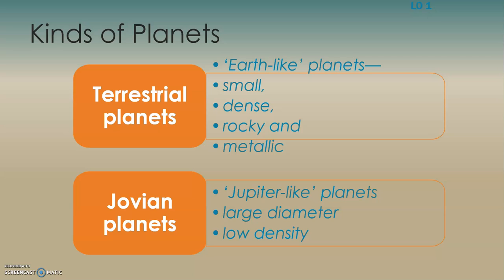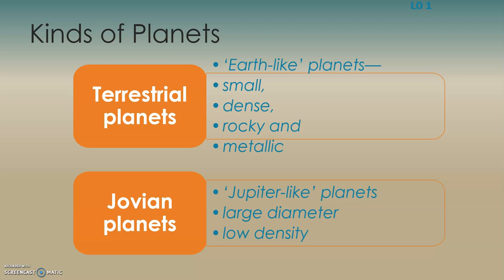But they're very different from the Jovian planets. Jovian is the Latin derivative for Jupiter. We'll talk about those in the next chapter, but they're known for their large diameter and their very low density because they're mostly gaseous planets.